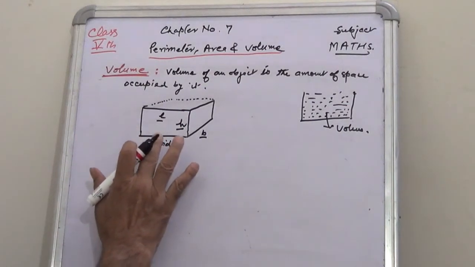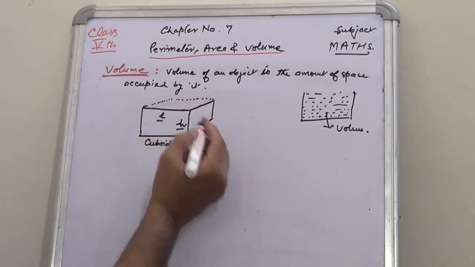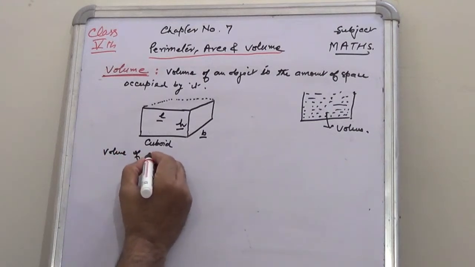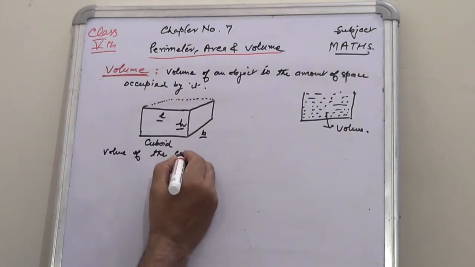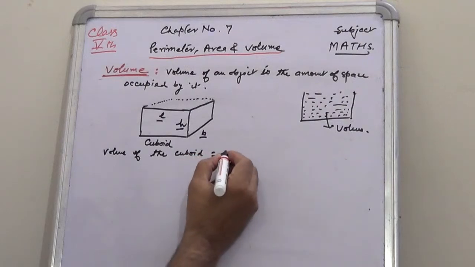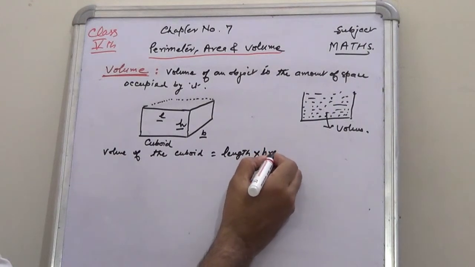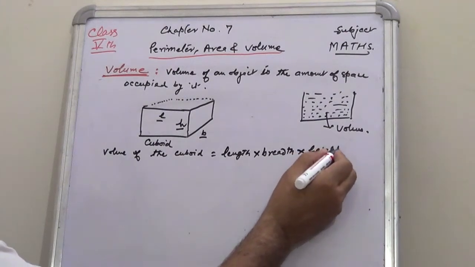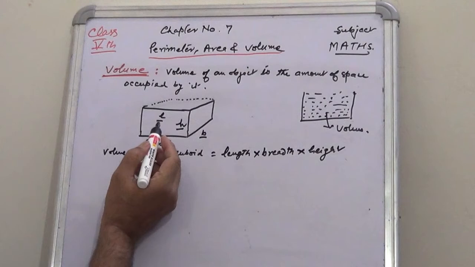Now we take the example of a cuboid. A cuboid is a three-dimensional figure having length, breadth and height. Therefore, the volume of such a figure or the volume of the cuboid is, children, when we taught you about area, what happened in area?